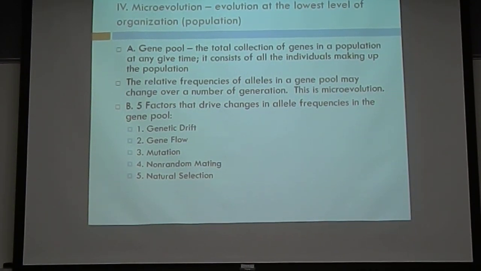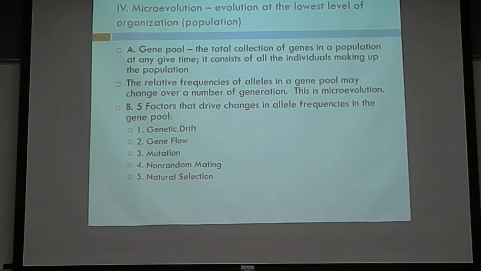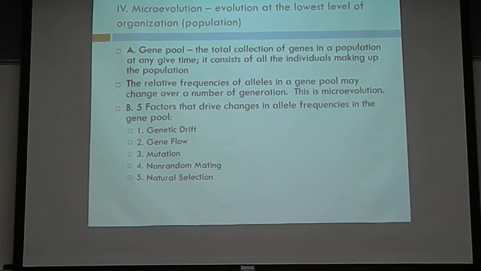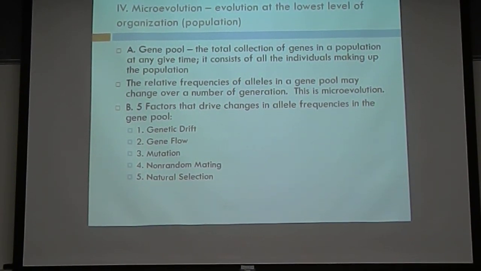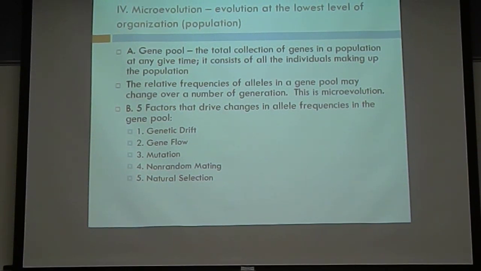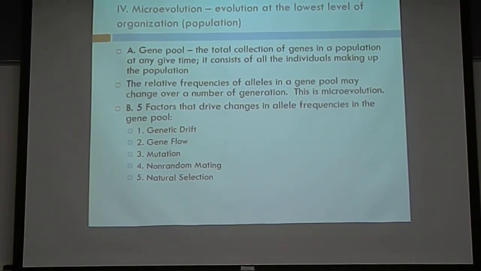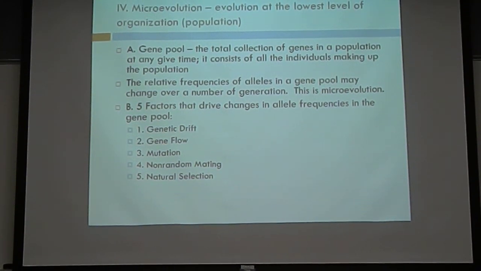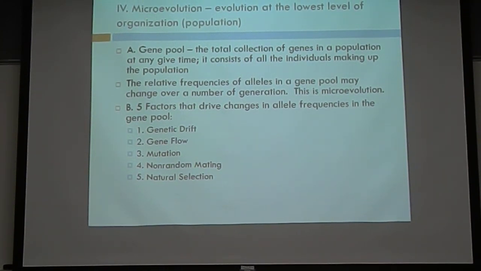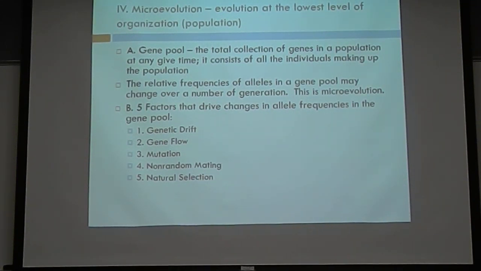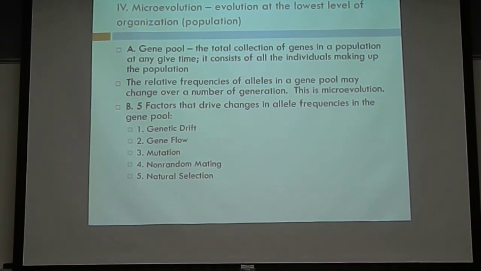And it really occurs in what is called the gene pool of the population. The gene pool is the total collection of genes in a population at any given time. It contains all individuals making up the population, and most of the time there are two alleles for a specific gene in the gene pool.